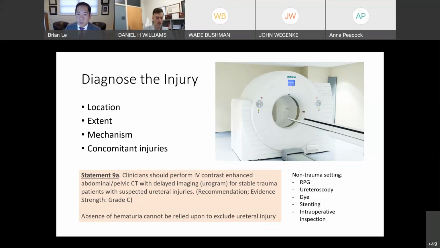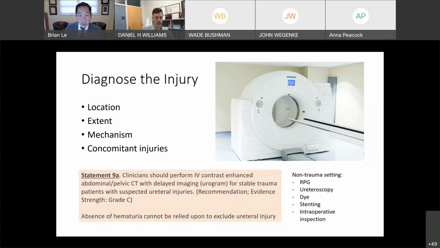Was this something where we would expect delayed effects to result? And what are the concomitant injuries? And remember, these guidelines are for the trauma setting specifically. So I will discuss the trauma setting, but I will also discuss a non-trauma setting, as we're talking about ureteral injury much more broadly than just trauma.